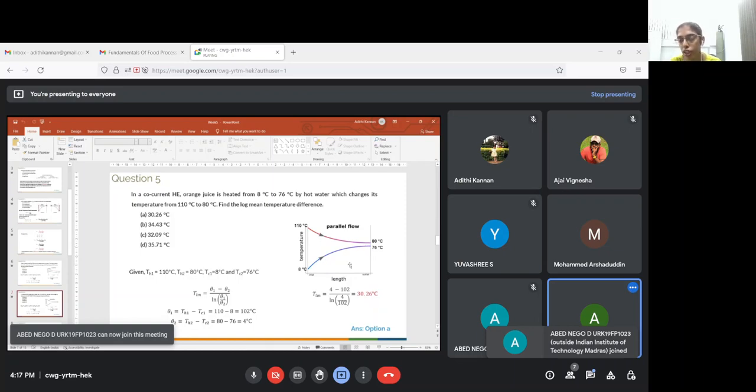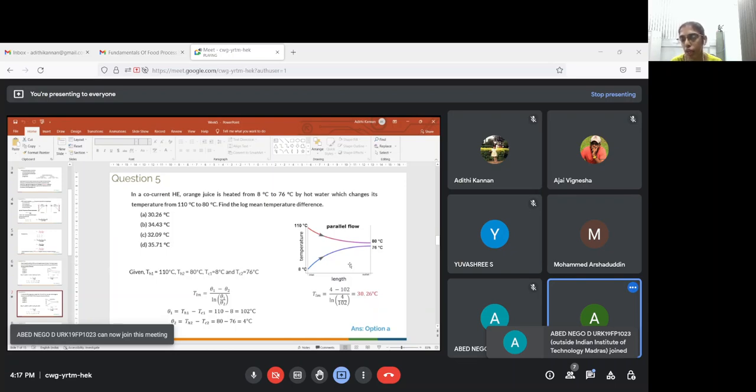So what happens when your delta T reduces? What happens to heat transfer? Delta T is your driving force. So if delta T decreases, your heat transfer will also decrease.